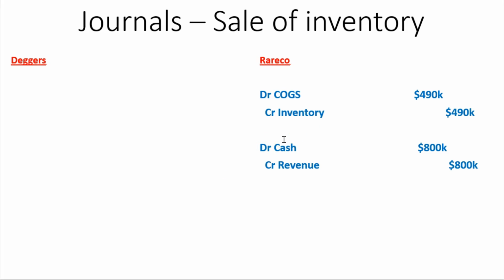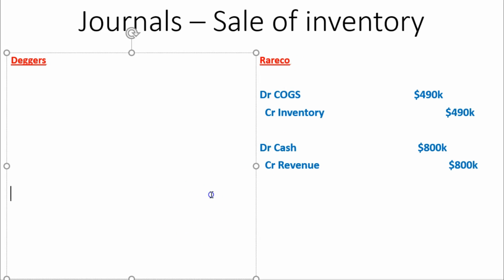When we multiply it by 0.7, we know that our COGS will come to $490,000. And so we should also reduce our inventory by $490,000. Then we debit cash $800,000 because that's how much we sold it for, and we credit revenue by $800,000. So that's pretty straightforward from Rareco's perspective.